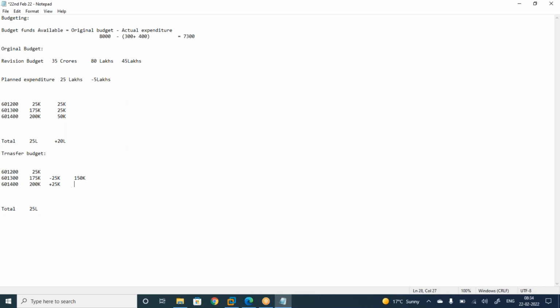This is 2,25,000. But the overall budget is the same, 25 lakhs only, no change. Got it? Overall, no change, 25 lakhs. But you are transferring between the accounts. That is transfer budget.